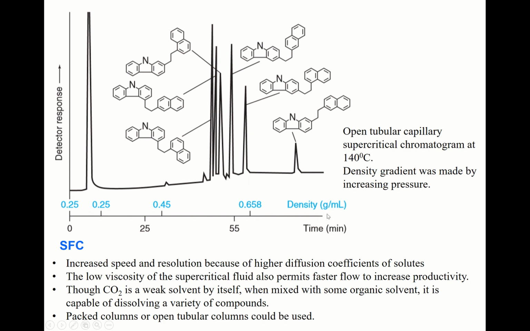The x-axis is time, and since the supercritical fluid is pressurized over time, this time also corresponds to the density of the supercritical fluid, from low density to high density.